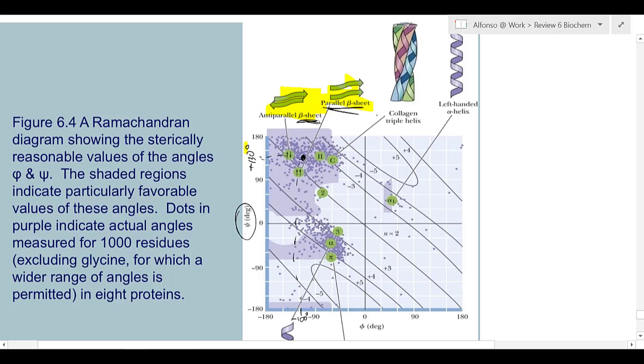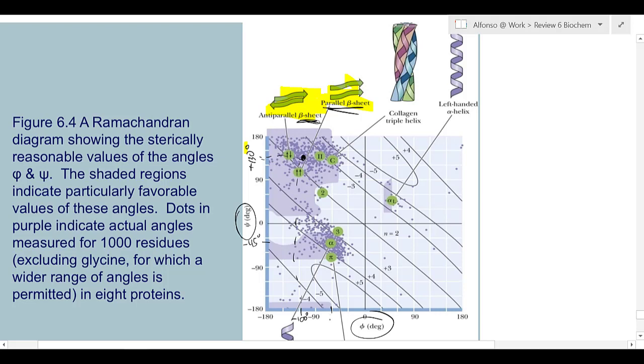Does that make sense? So if a polypeptide chain has a bunch of positive 130 and negative 100 degrees for the psi and phi angles, what type of structure do you have? Beta sheets.